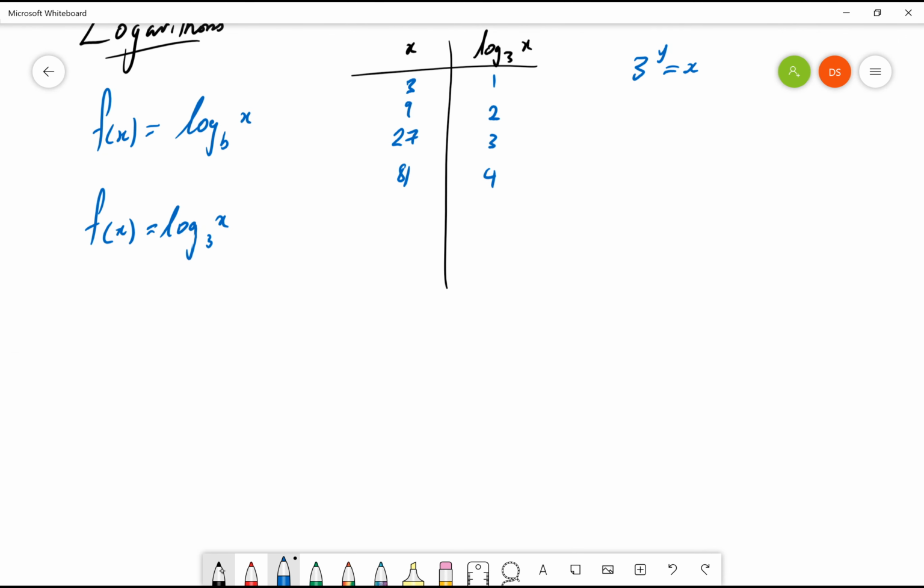But they are on the opposite axes. So a log graph, instead of going through one here, goes through one here typically. And then they only go up in ones this way. So if I were to draw it, it would look kind of like this.